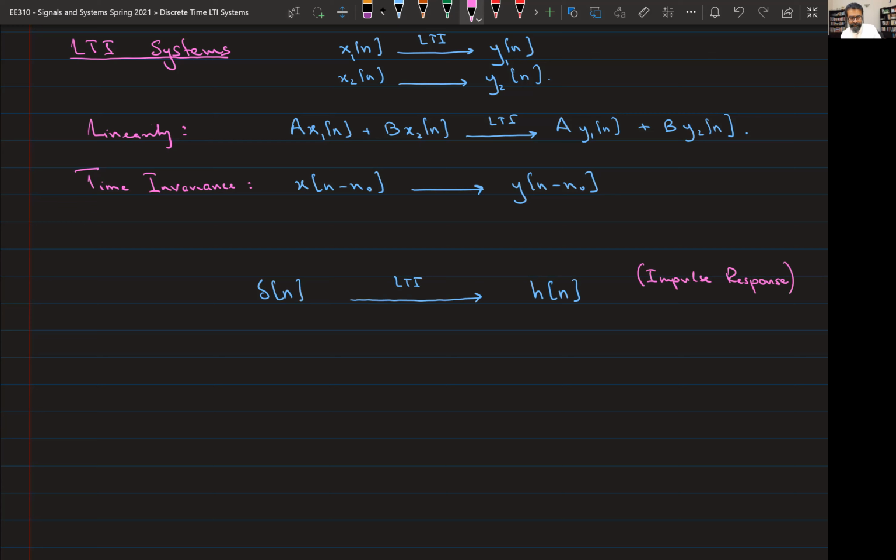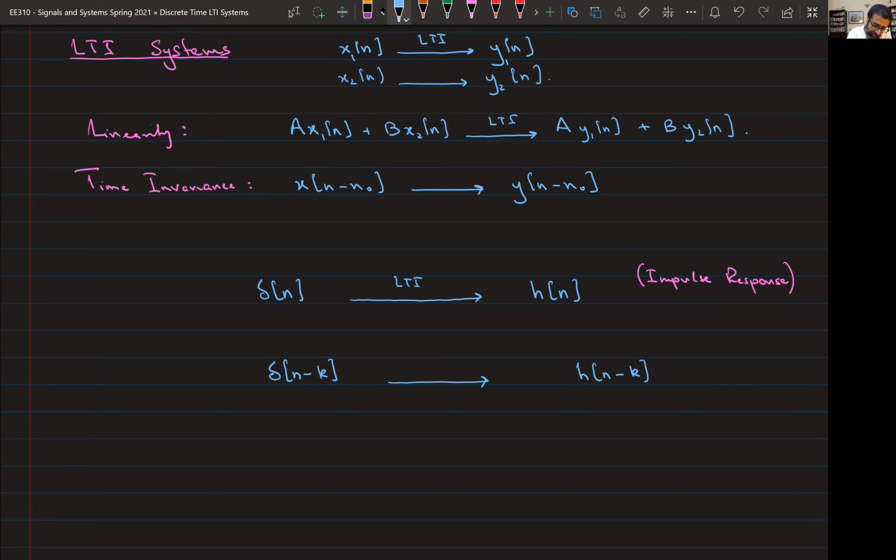That's the impulse response. Now, because of time invariance, what is going to happen if my input is delta of n minus k? फिर output क्या होगी? The output is going to be h of n minus k, and that's because of time invariance.